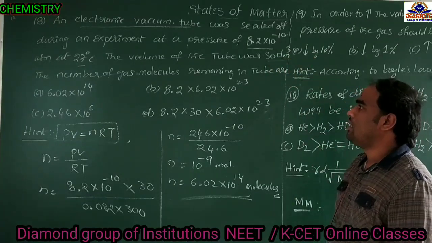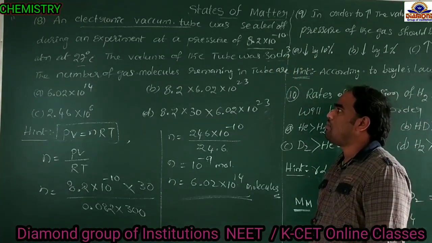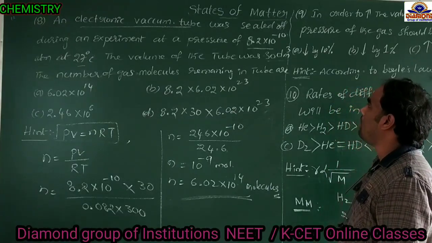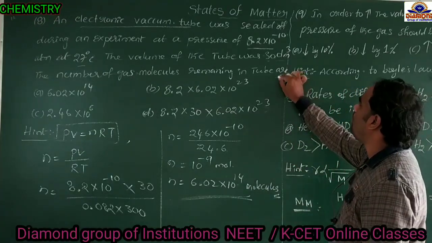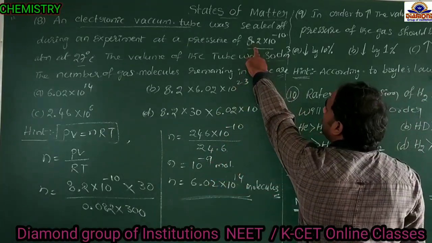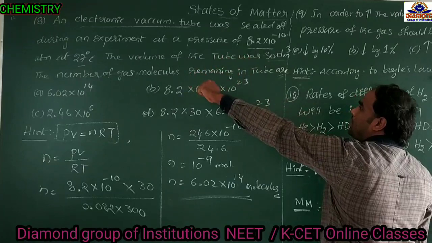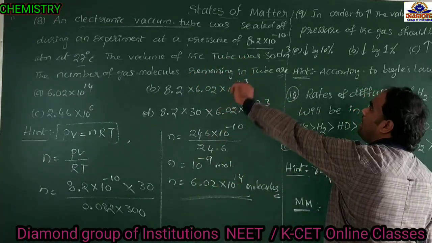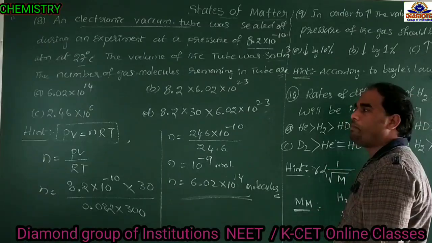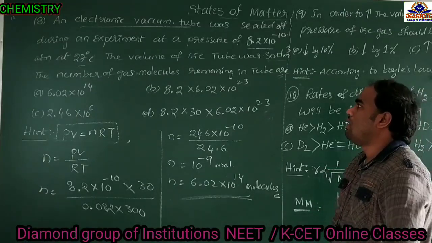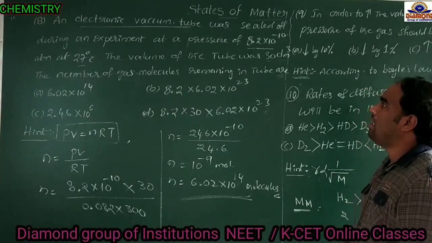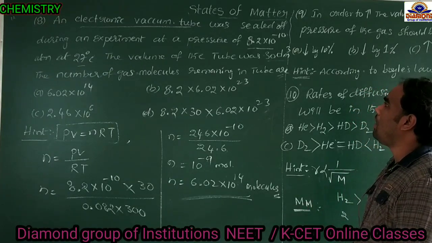The number of gas molecules remaining in the tube is how much? That is the question. From this given data, after the completion of the experiment, how many molecules are remaining in the tube?